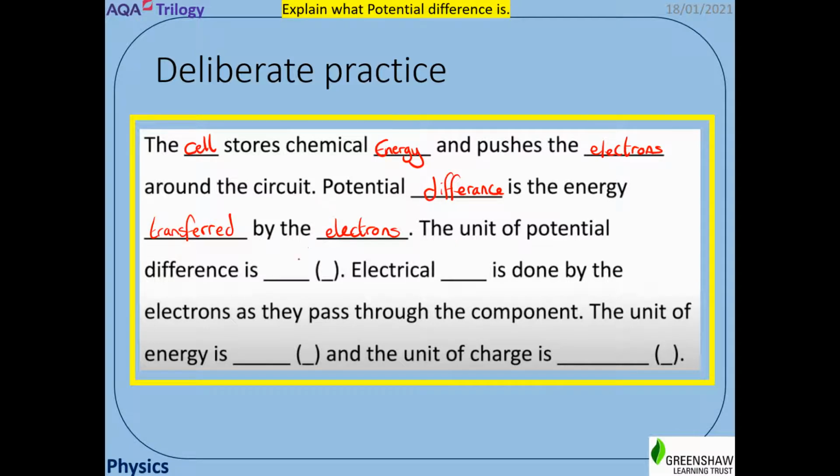The unit of potential difference is volts, and that's using the symbol V. Electrical work is done by the electrons as they pass through the component, and the unit of energy, joules, and the unit of charge is coulombs.